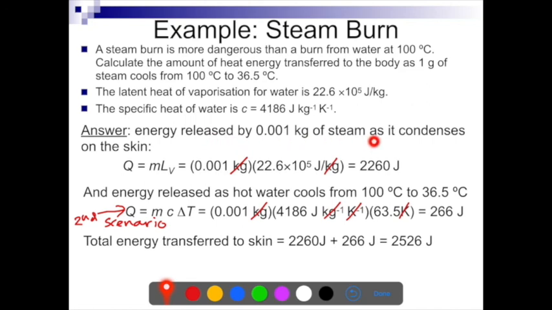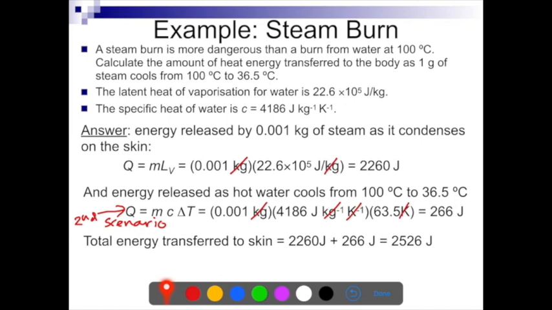So energy released by steam will be negative 2,260 joules and negative 266 joules. And so the total energy released by the steam and the water will be negative 2,526 joules.